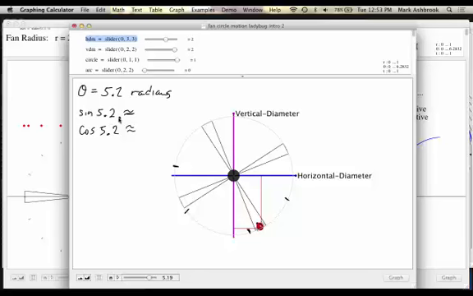As a fraction of the radius length. Okay? So am I going to look at this line right here or this line right here? First or second? If I'm talking about sine. Vertical distance above horizontal diameter. This one. Now what fraction of a radius length would you estimate that to be? That's the value of the sine, the fraction of the radius that is right there.